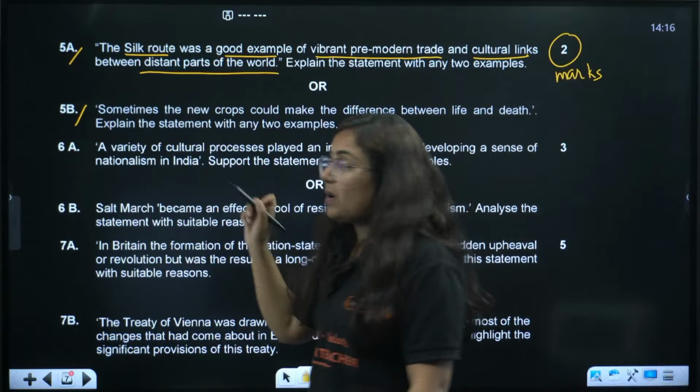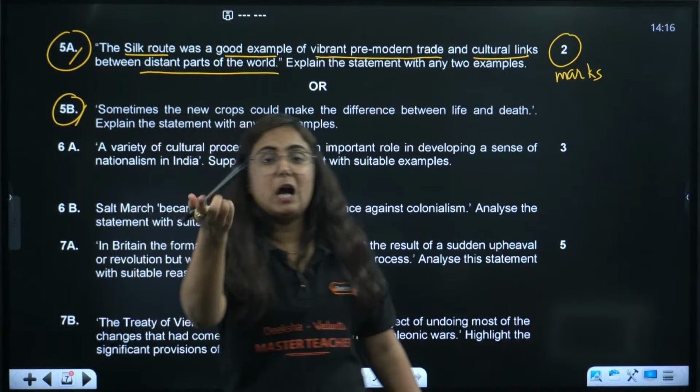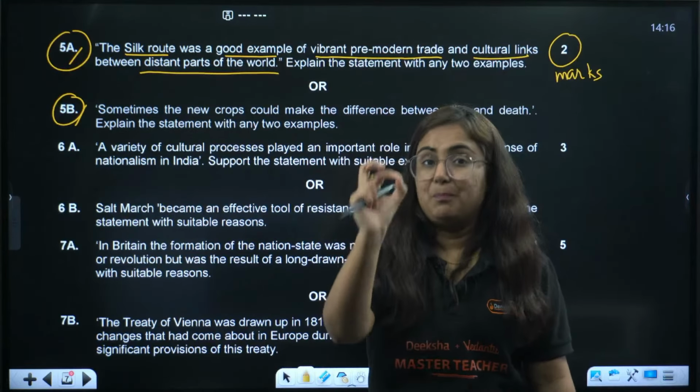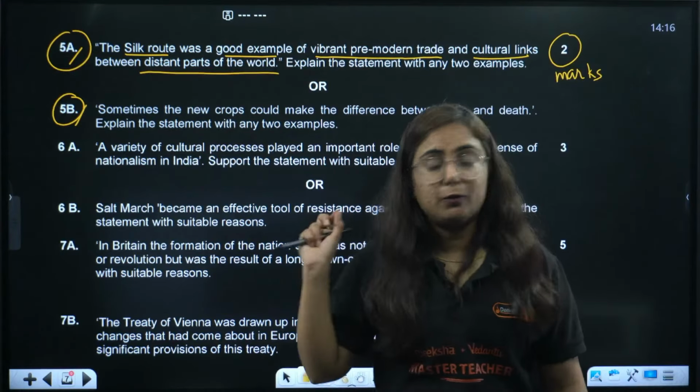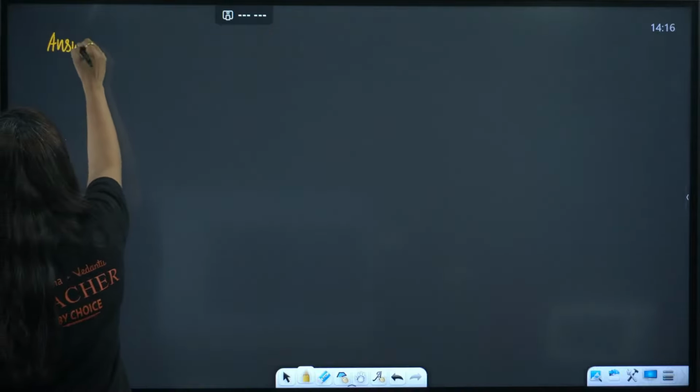Now the question is in 5A or 5B. You need to figure out which one you are best in, which one you can frame in the best manner so that none of your marks is deducted. But I will tell you both. Here we are going to discuss the answer.